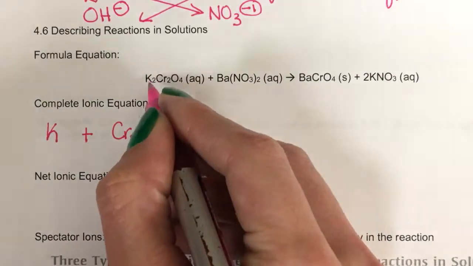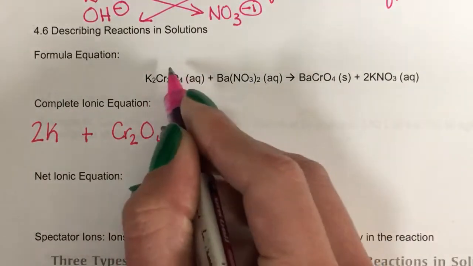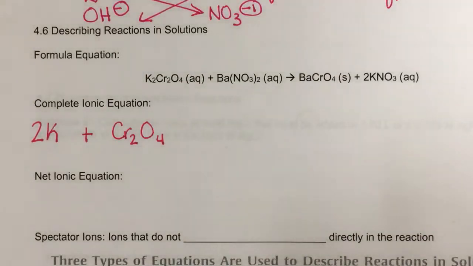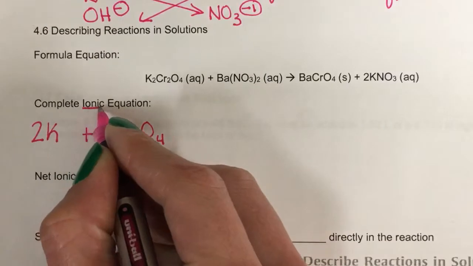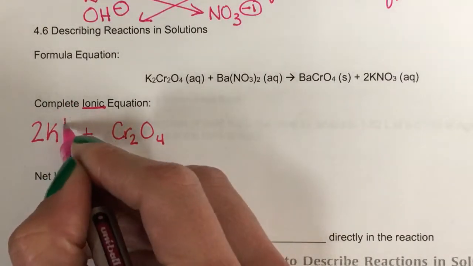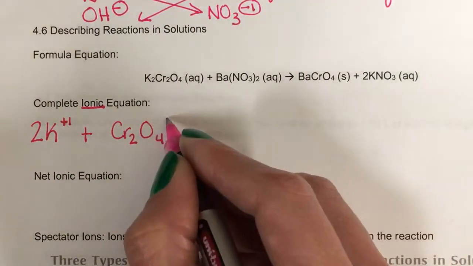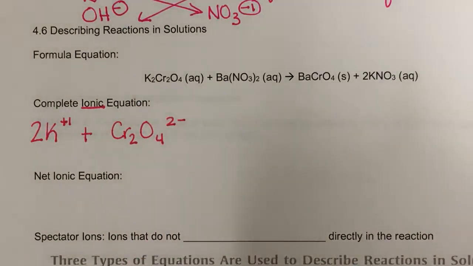Now, I've got 2 potassiums. I've got 1 dichromate. Now, it's important for me to keep track of the charges because it's the complete ionic equation. Potassium is an alkali metal with a +1 charge. Dichromate is a -2 polyatomic ion.